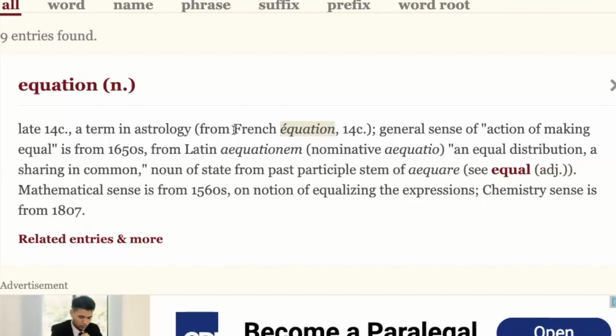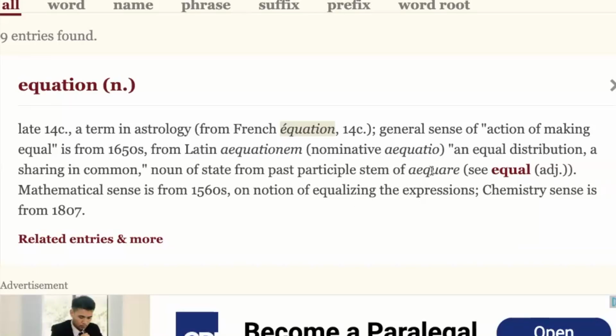A general sense of action of making equal is from the 1650s, from Latin, equal distribution, past participle stem of equere, see equal. I thought this was really interesting that the mathematical sense is from the 1560s, but the chemistry sense wasn't until the 1800s. So it took a little while for us to be using the word equation when we're talking about chemical formulas.